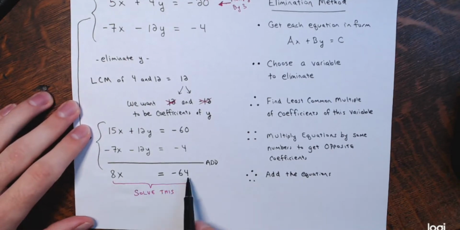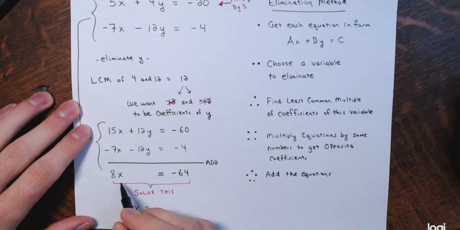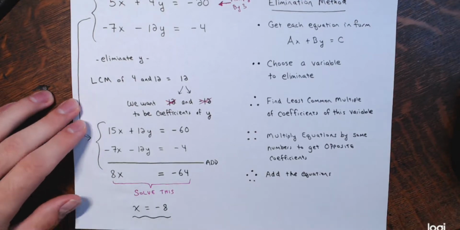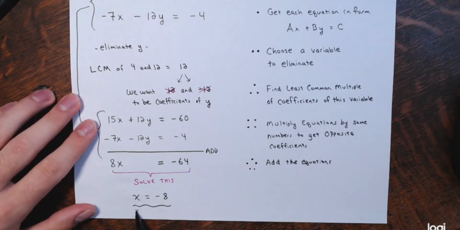You would just simply divide by 8 and get x equals negative 8. Now this here is just the x value of the solution. This is not the entire solution. Remember, there are two variables, x and y. We have just found the x value of the solution.